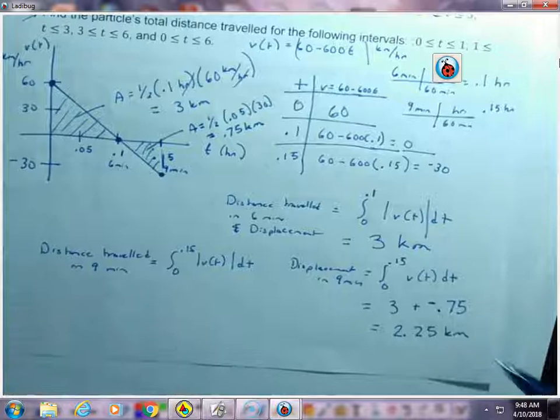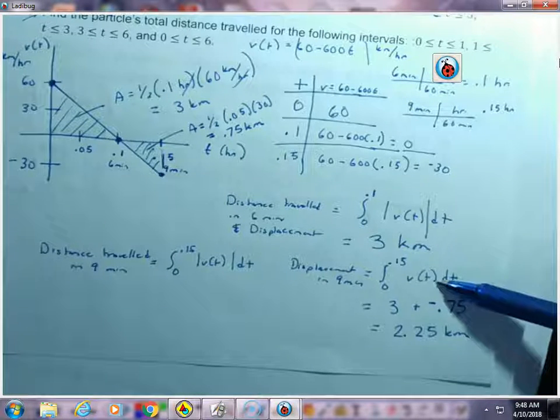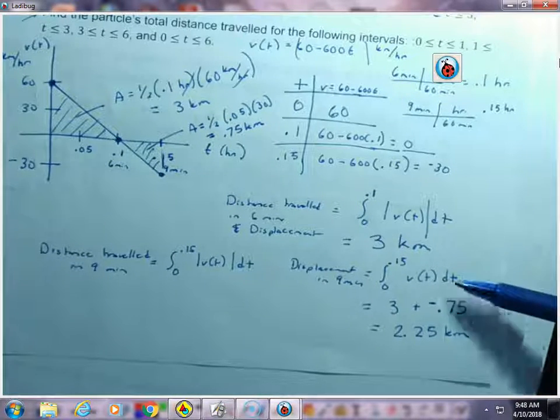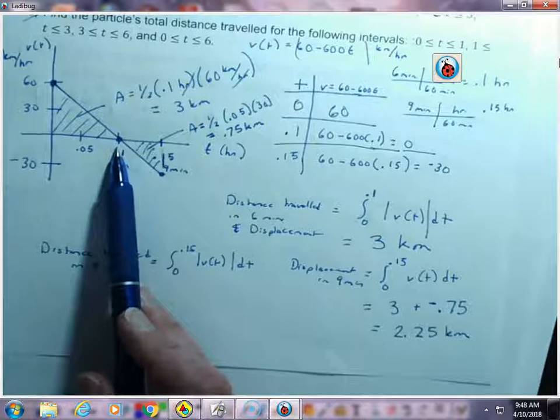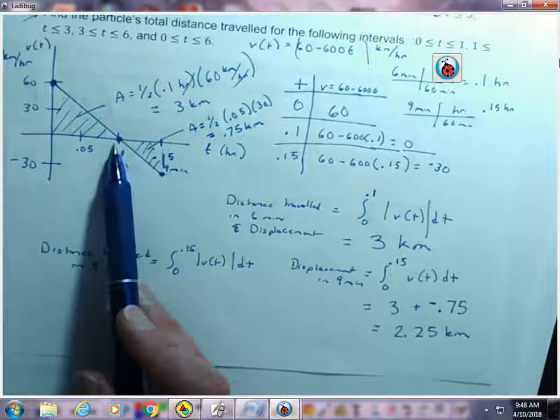That's the same thing you would get if you just regular integrated this and put in the function 60 minus 600t. Okay. If it's the absolute value and you're integrating it by hand, you have to split this where it crosses the t-axis. Okay, where it changes direction.